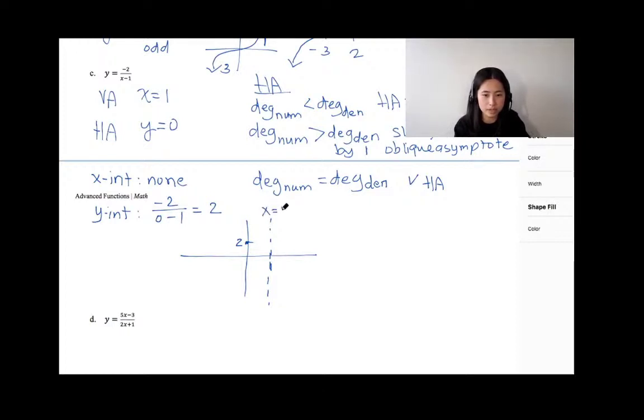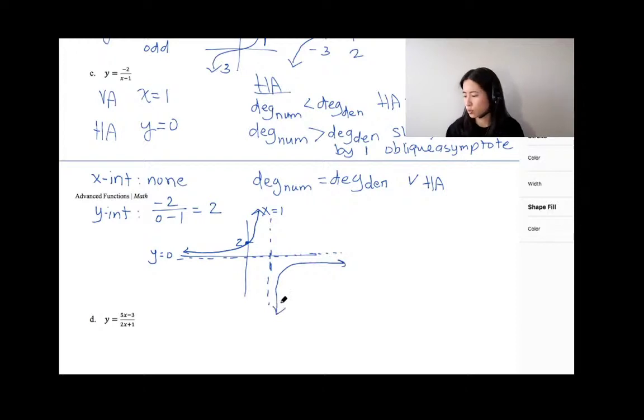Let's maybe label this. So 0 is on your x-axis, here. And that's it. All you have to really graph is something like this. You need to pass your y-intercept, and this function is approaching 1 from the left side, and then you have something like this.